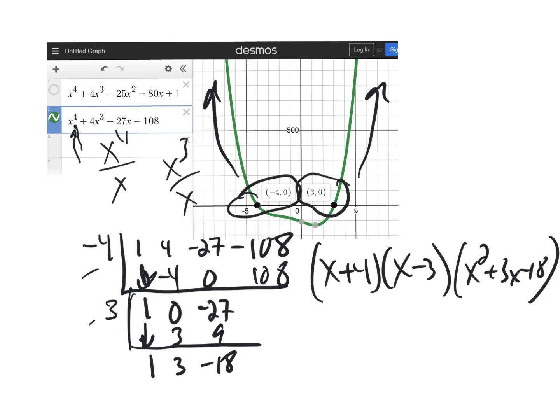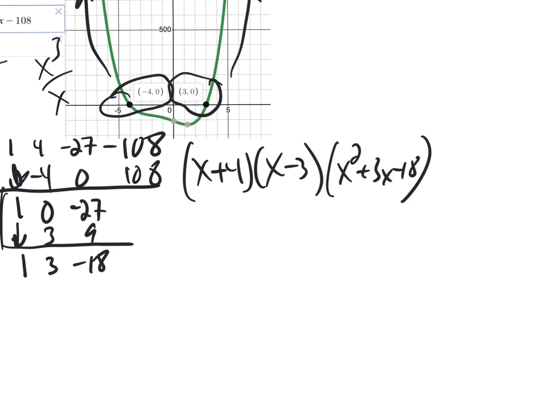So we've got to figure out how to get the zeros from that x squared plus 3x plus 18. So what we're saying is x squared plus 3x plus 18 equals 0. We see this is a second degree equation.